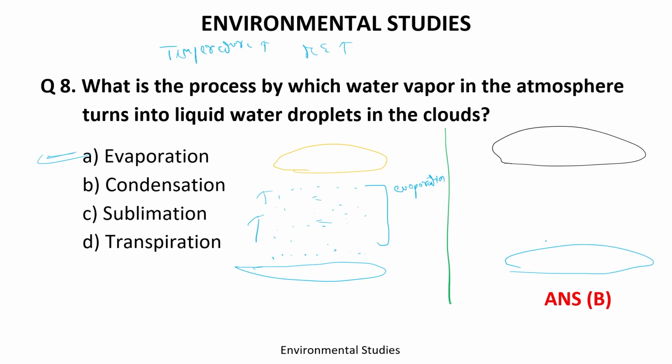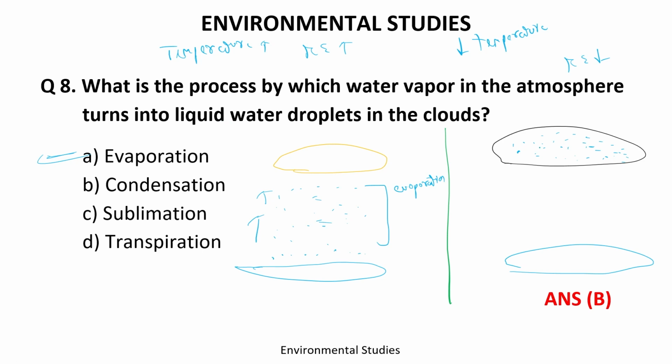The second scenario is when these droplets reach the cloud. After reaching the clouds, the temperature goes down, and when the temperature goes down, the kinetic energy also goes down. Then this gaseous form transfers into the liquid form.